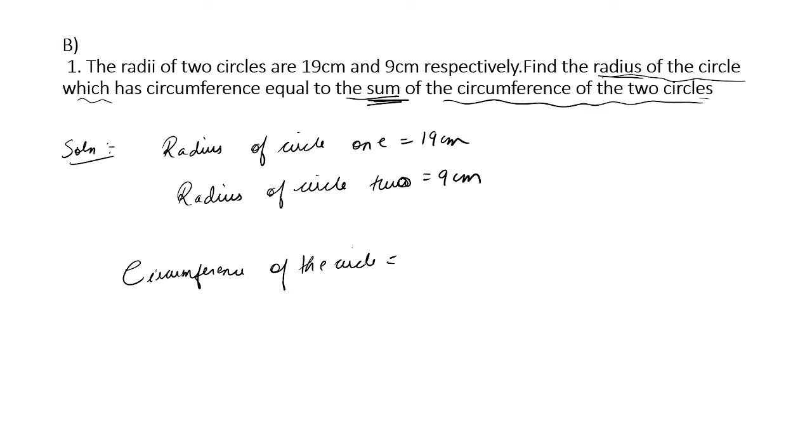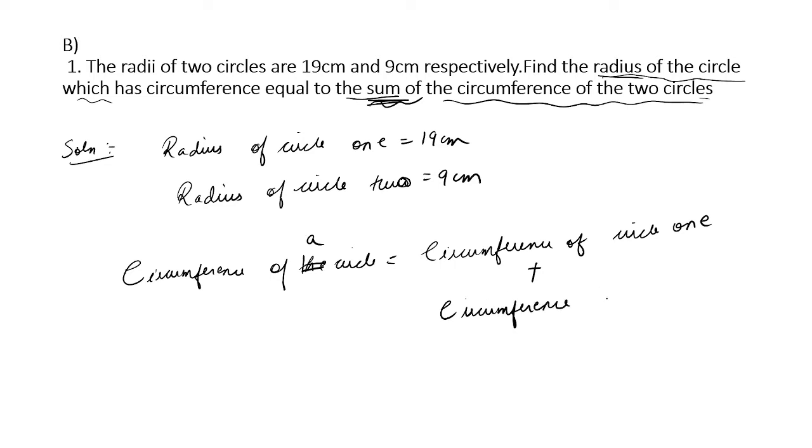So the circumference of a circle is equal to the circumference of circle 1, remember we're talking about sum, so plus the circumference of circle 2. Clear?